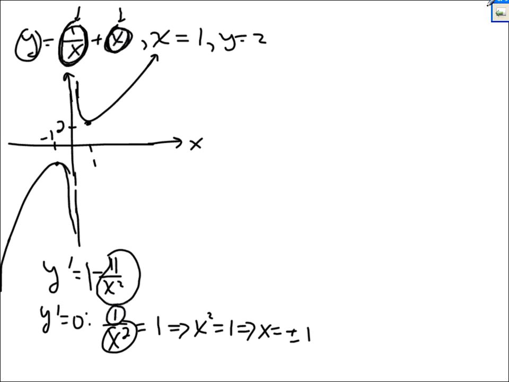Okay, so we now know that the slope of the tangent line at our special point, (1, 2), is 0. That is, here's the horizontal line. Now, that means the center is going to be along the perpendicular line, and the equation of that line is x equals 1. The question is, how far up is the radius?